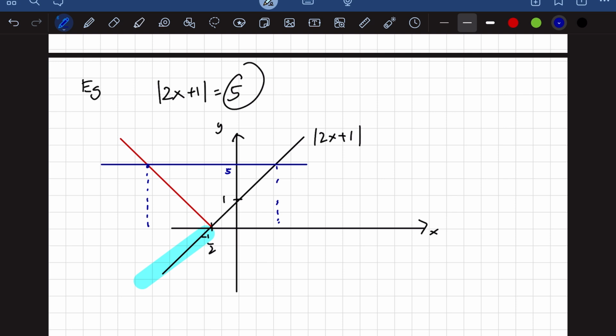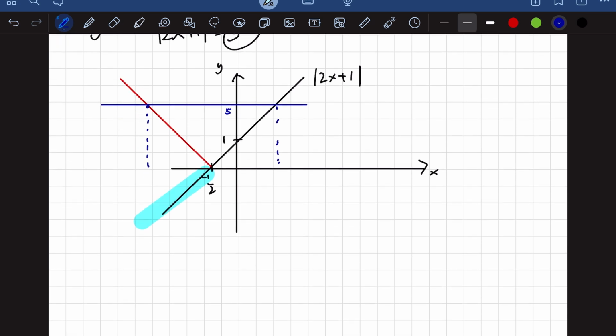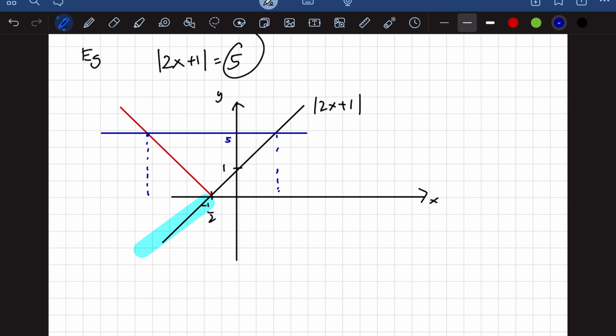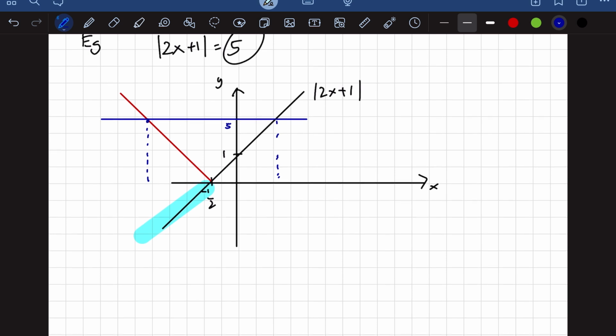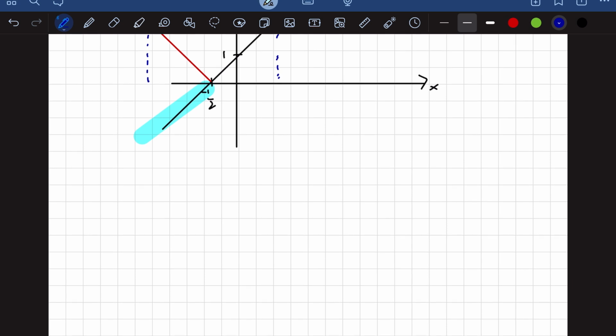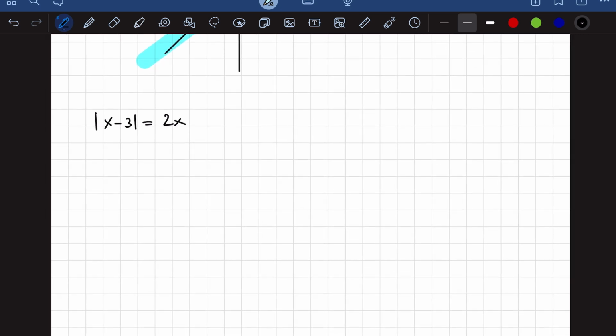Okay? All right, now sometimes you may not have just a horizontal straight line. You may have another straight line that has some gradient. Let me show you one example, like mod of x minus 3 equals 2x. In this case, let's plot out our modulus of x minus 3 first.